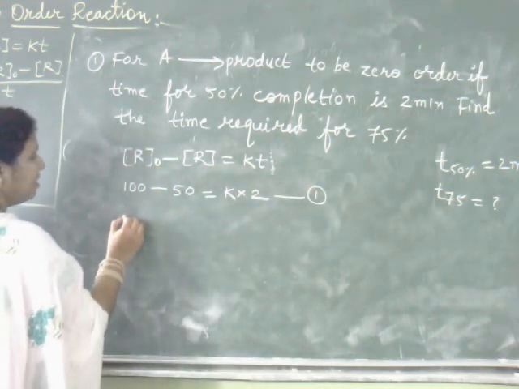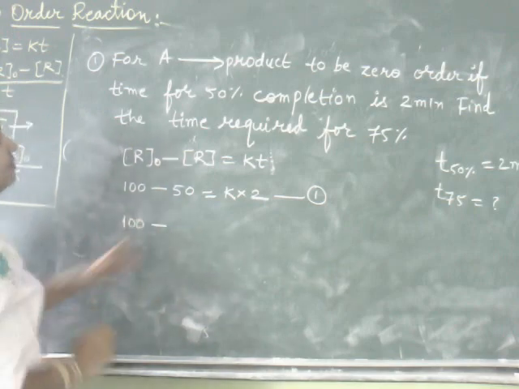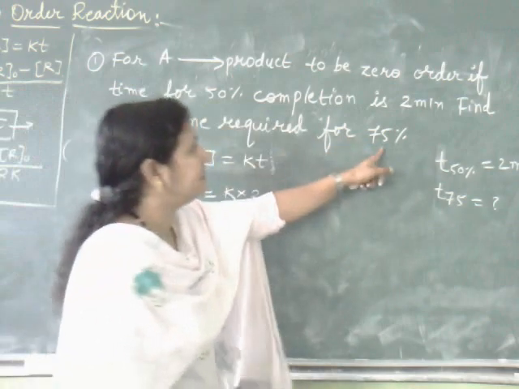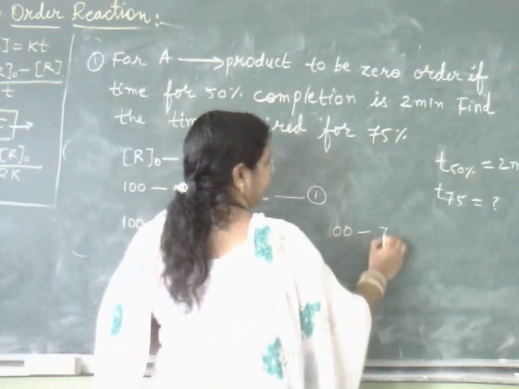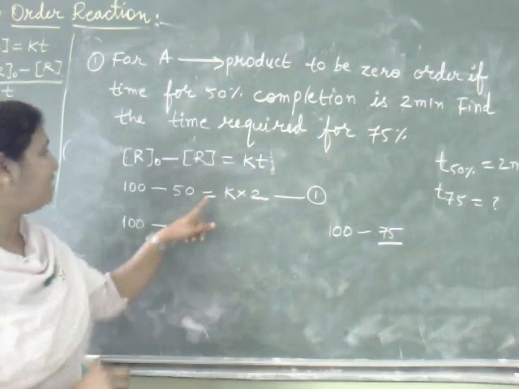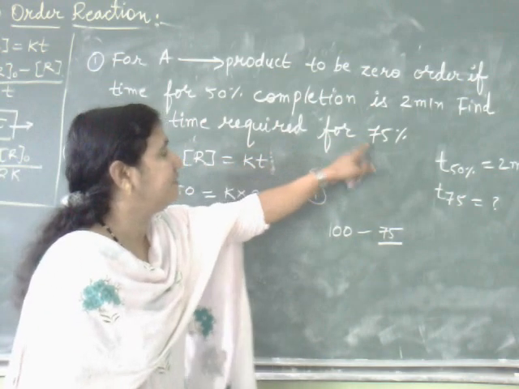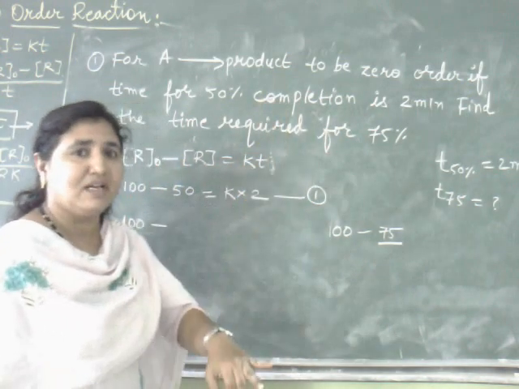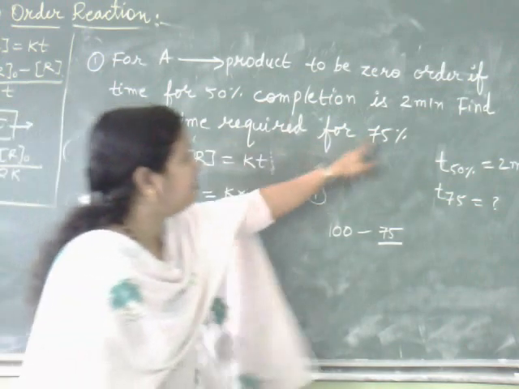Next what we have is from 100 to 75%. So how much remains? From 100, 75 is completed. So how much remains, that you have to take as the R value. Okay, 75 directly you should not take here. 75% completed, then how much remains? The time required for 75% completion.